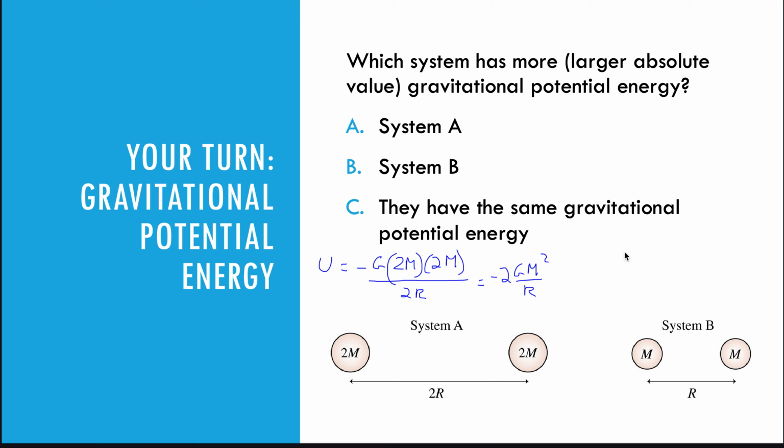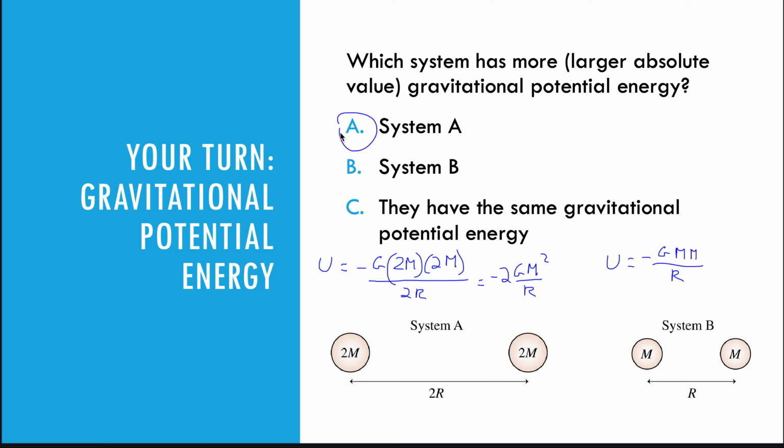Now for system B, we do the same thing. We're going to have negative G times m squared over r. So we can see which one has the larger absolute value is going to be system A.